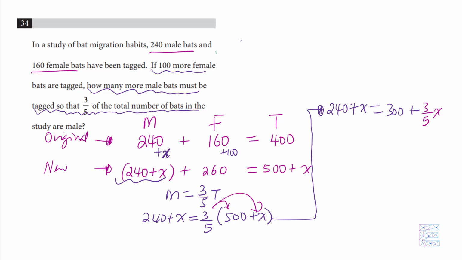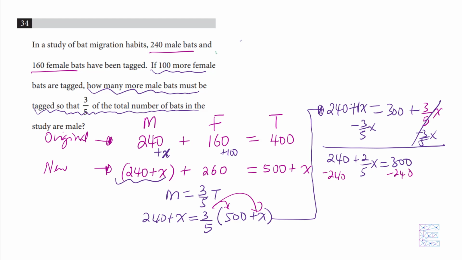Why don't we start off by subtracting 3/5 X from each side. So subtract 3/5 X from here, subtract 3/5 X from here. Guess what? Those cancel. So we have 240 plus, 1 whole minus 3/5 gives you positive 2/5 X equals 300. And next we can subtract the 240 from both sides, like so.